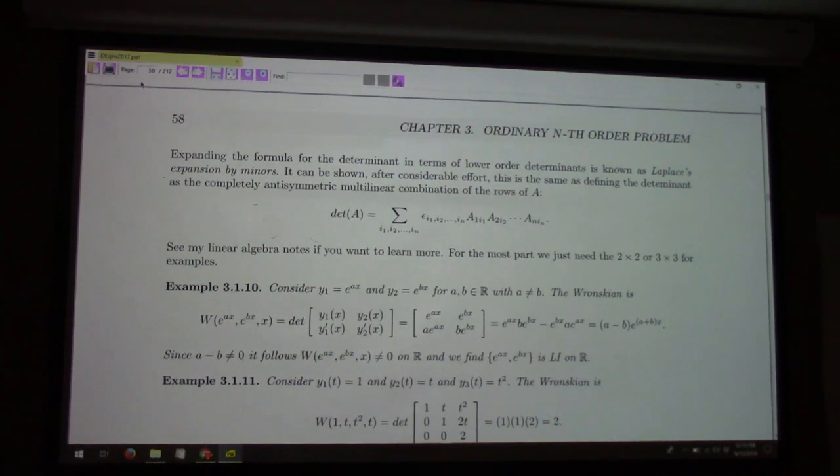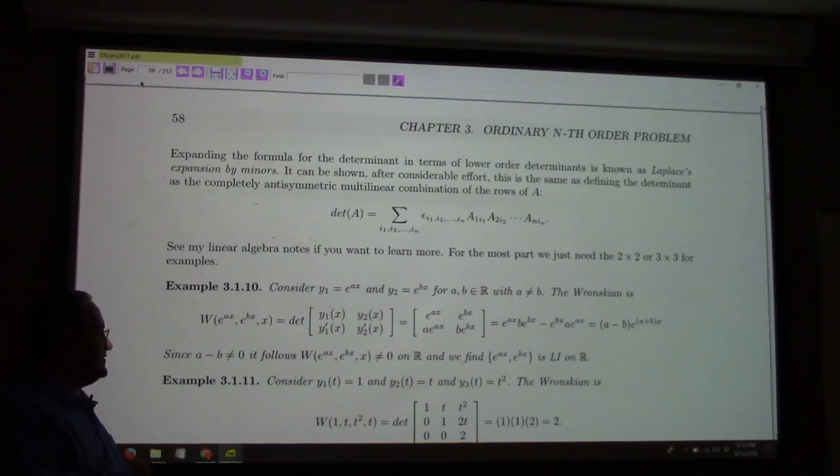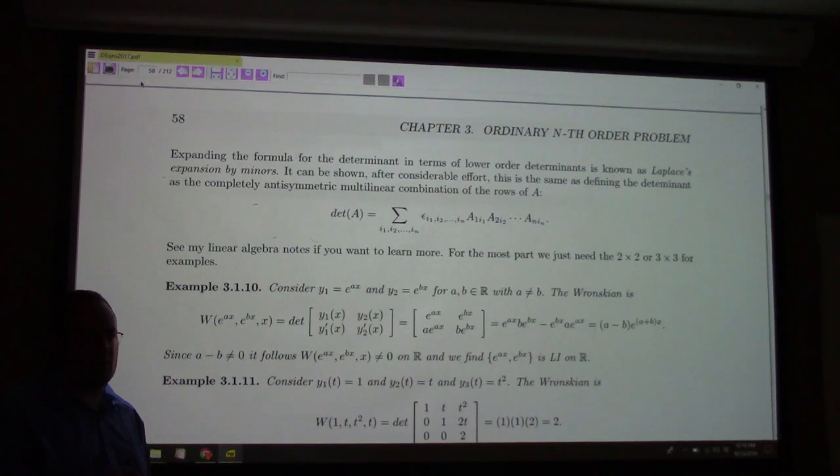Now, I'm tempting you to think something you ought not think just yet, which is that if the Wronskian's 0, then they're linearly dependent. That's not generally true. For arbitrary sets of functions, it's possible to have the Wronskian 0 and yet have them be linearly independent. And the reason for that is subtle.